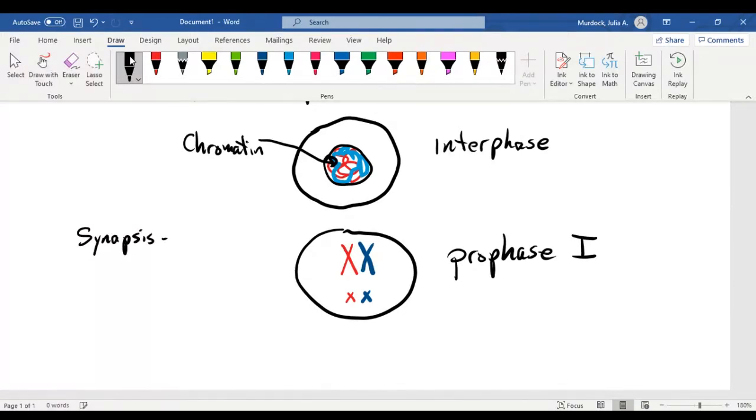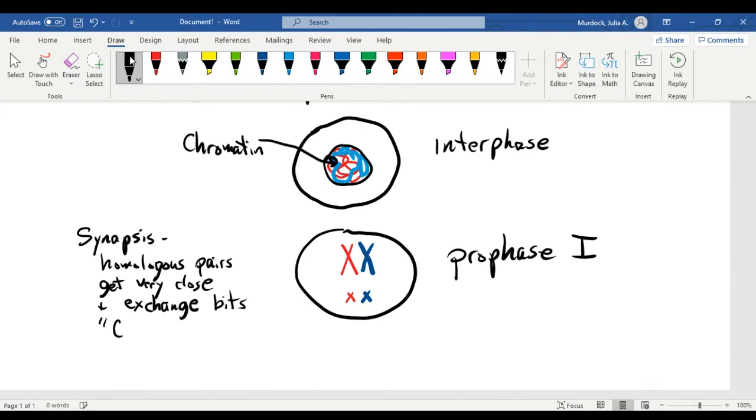With synapsis, homologous pairs get very close, like they are here, and they exchange bits of themselves.